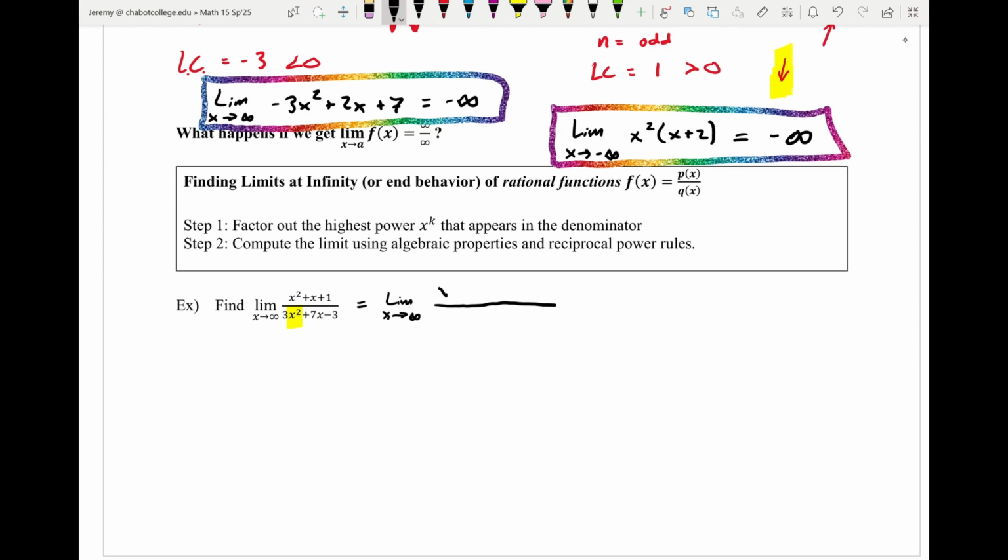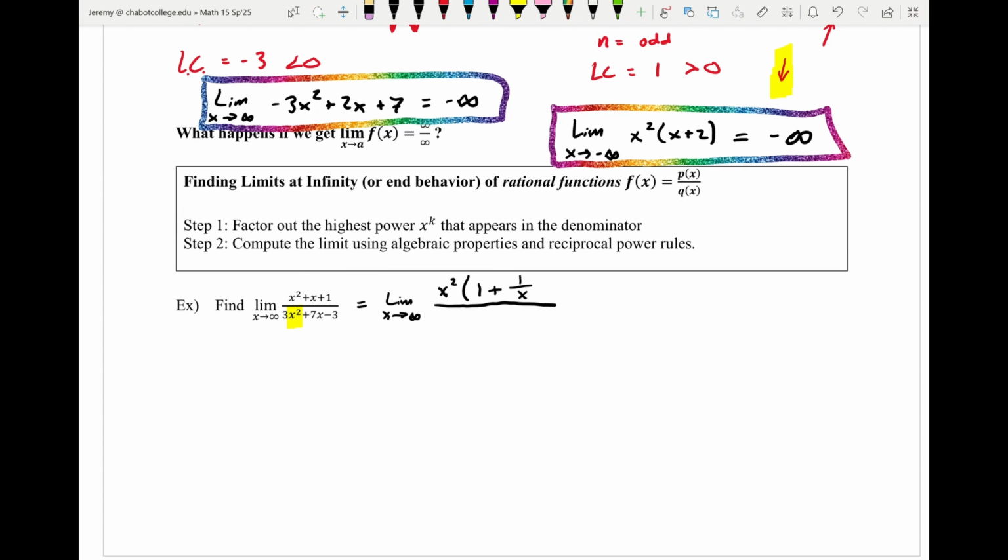If I pull out x squared, remember when we factor out a common factor, we write it on the outside and then we divide each of these terms by whatever we're pulling out. So x squared divided by x squared is going to be 1, plus, and then x over x squared is just going to be 1 over x. Because if we're dividing x by x squared, see how one of the x's just cancels out? We're just left with 1 over x.